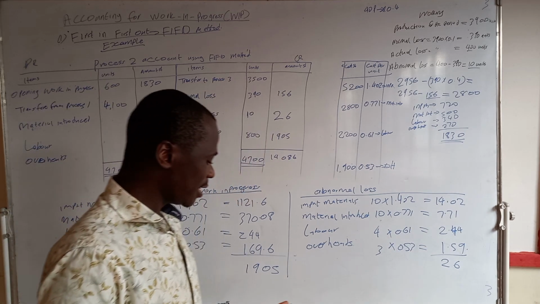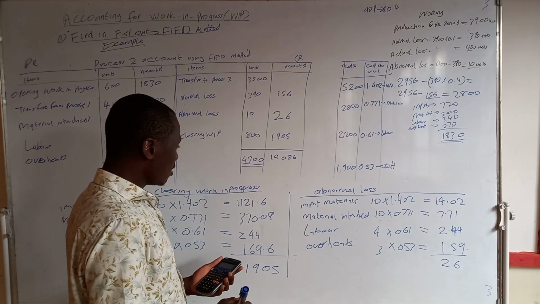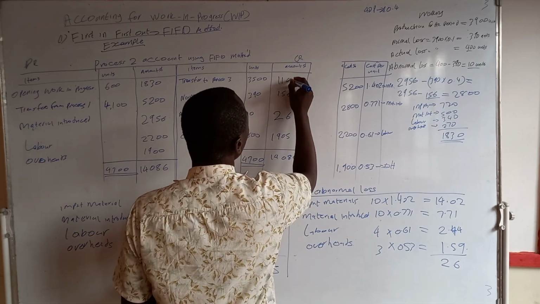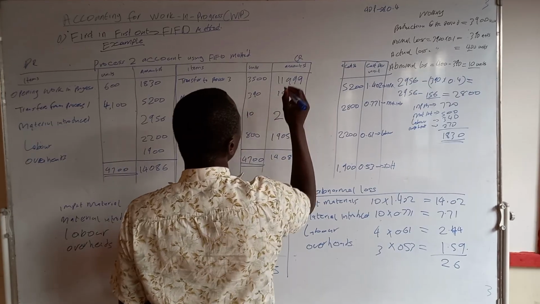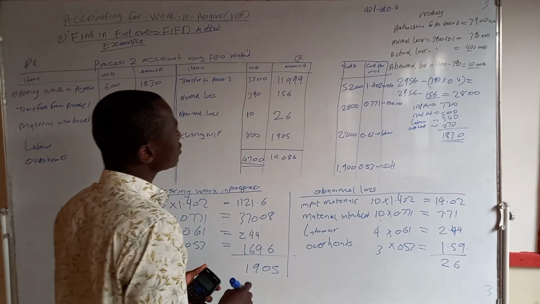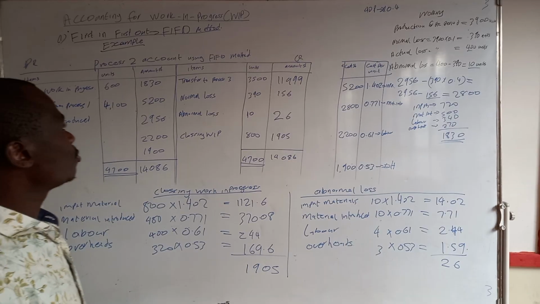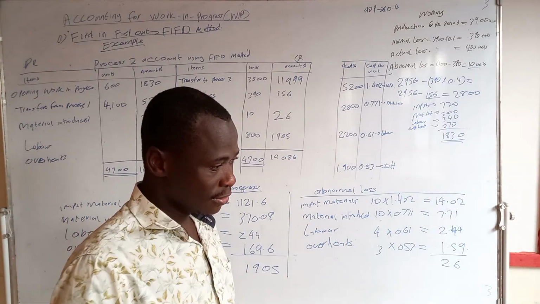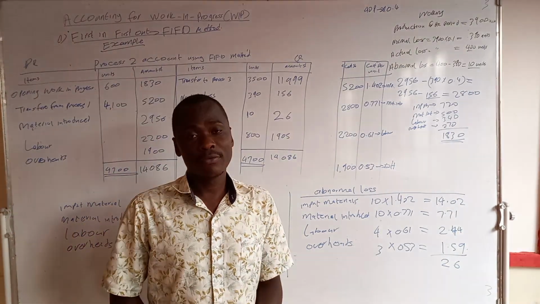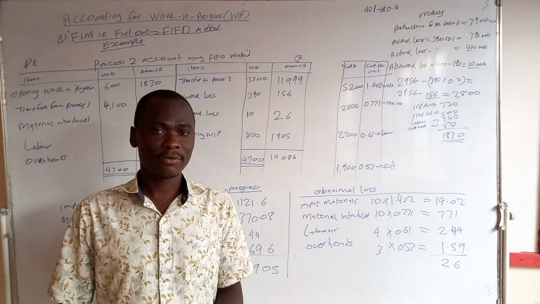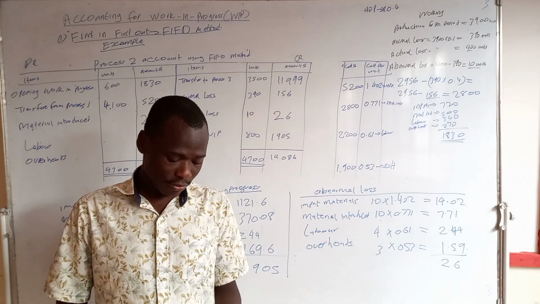What you get here is 11,999. That becomes the value of our transfer to process 3, or the value of our final product for the period.